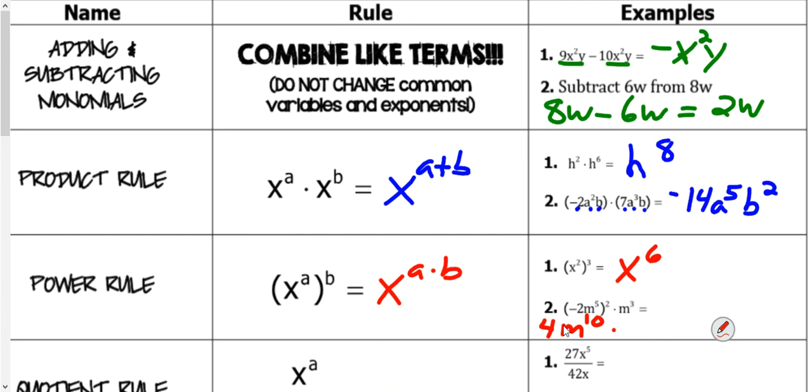That's being multiplied by m to the 3rd power. So we've simplified that. Now we want to combine the like terms. When we are multiplying these, the exponents get added together, so our final answer here would be 4m to the 13th power.